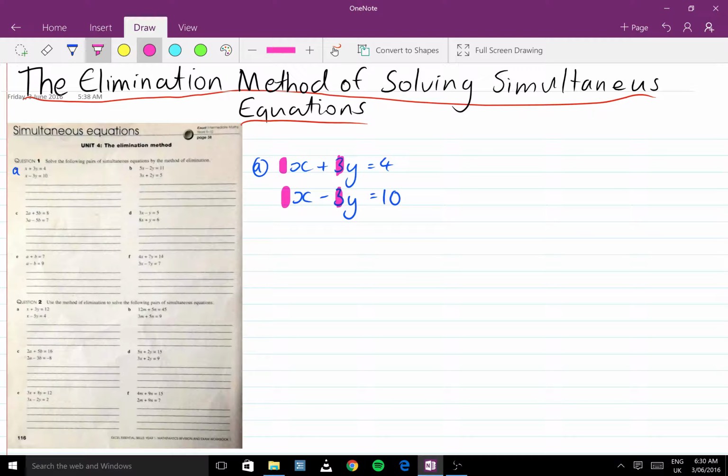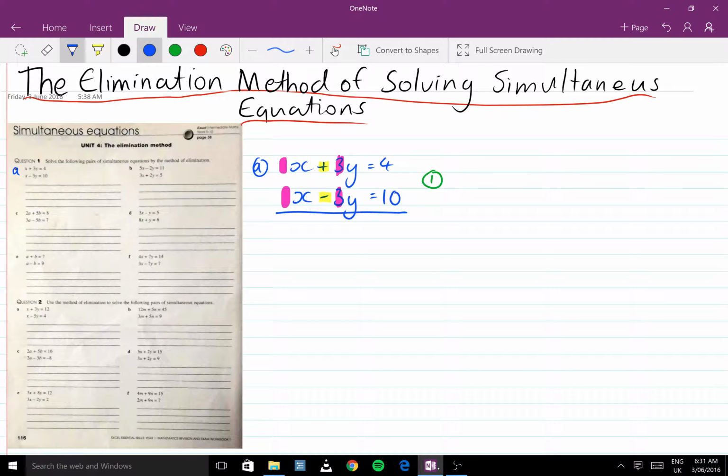But what I'm going to do is eliminate the y's. The reason I'm going to do that is there's a plus here and a minus here, so that just makes the equation a little bit easier. So what I'm going to do is add these two equations together, one equation on top of the other.